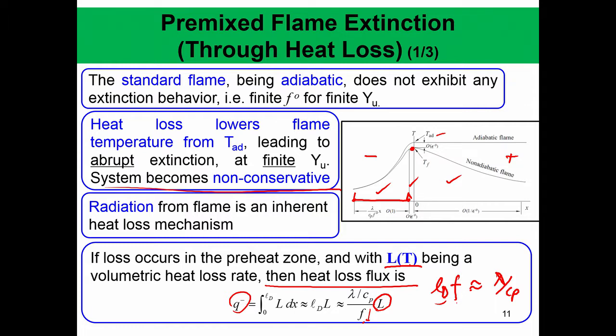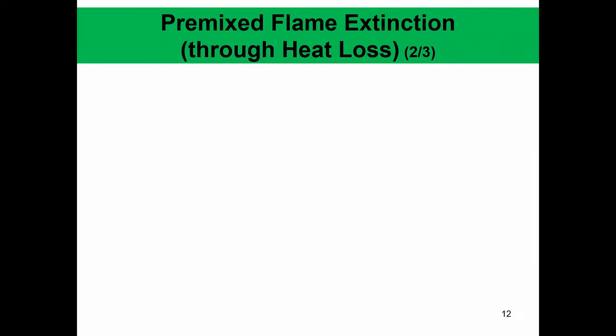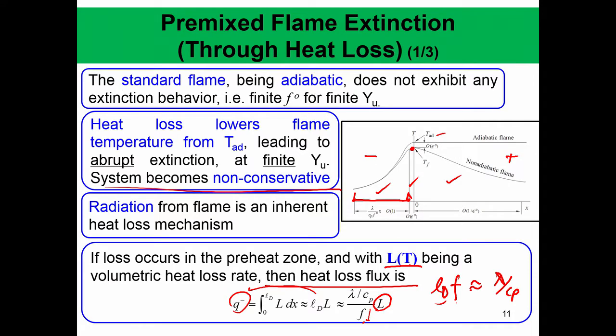So when the flame thickness increases, the heat loss happens over a much larger volume, and this will again feed back to Q minus. So you see that there is a nonlinear feedback mechanism when there is a little bit of heat loss. It is not a straight direct effect on the total heat loss.